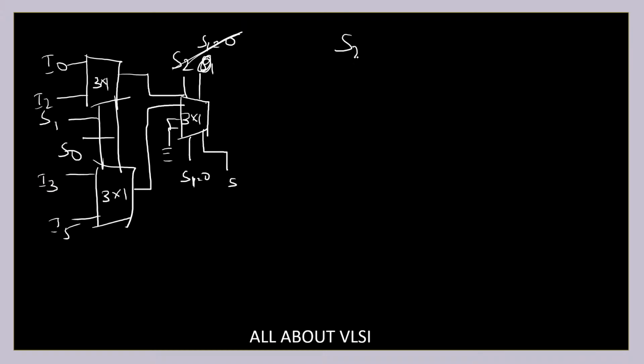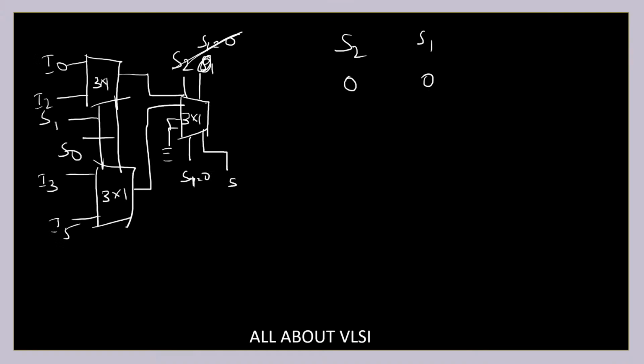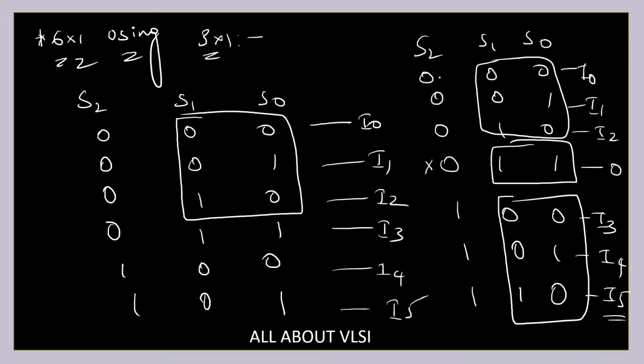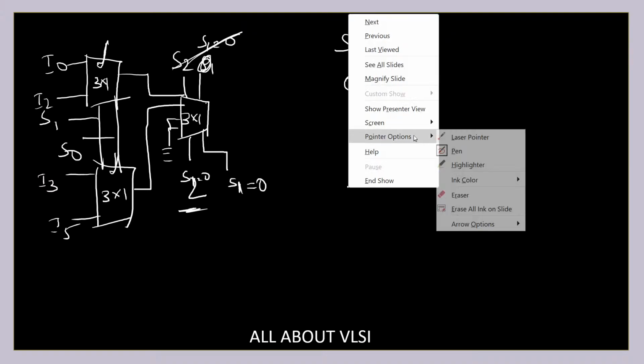What we can do is consider S2 S1 as 0 0, with S2 as MSB, so that we will have this combination. So if S2 is equal to 0, we are going to consider the outputs of this multiplexer, and if S2 is equal to 1, we are going to consider the outputs from this particular multiplexer. S1 is equal to 0, and depending upon S2 only, we are going to consider my outputs.